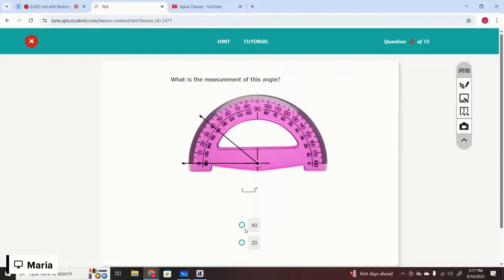That is 40 degrees. Option number one is the correct option.